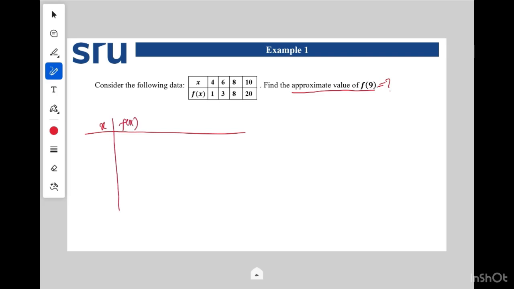The x values are 4, 6, 8 and 10, so this one is x0, this one is x1, this one is x2, this one is x3. Since we have only 4 data points, we go up to x3. The function values are 1, 3, 8 and 20.